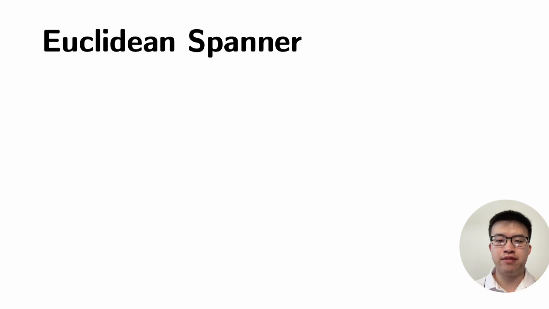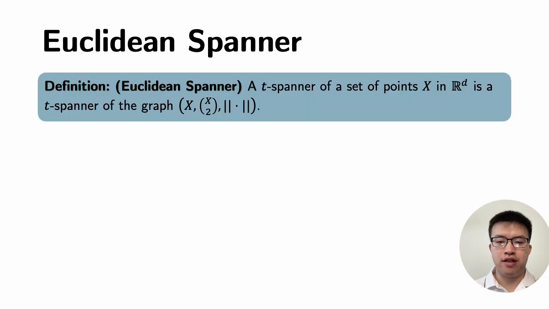Now we move to Euclidean spanner. A t-spanner of a set of points X in Euclidean space is a t-spanner of the complete graph, with the vertex set being the set X, and the weight of each edge is the distance in Euclidean space.